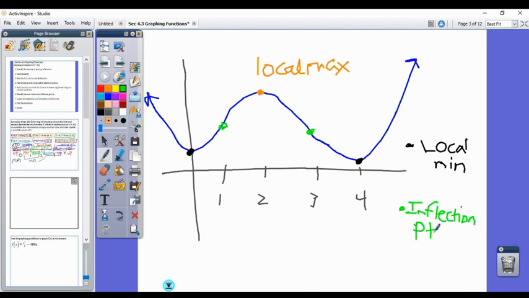Okay. And then I'm just going to label where we were concave up and concave down. So concave up, concave up, concave up, and concave up. And then we'll do concave down.